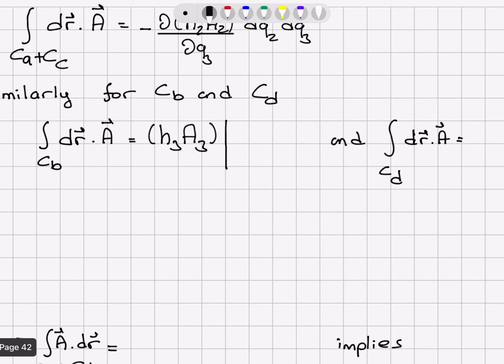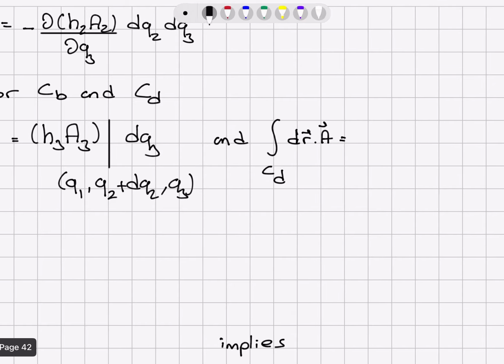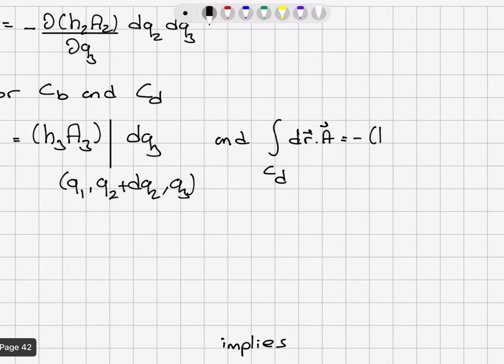Now this is at Q1, Q2 plus dQ2, Q3 multiplied by dQ3, and for CD I have minus H3A3 evaluated at Q1, Q2, Q3 multiplied by dQ3.